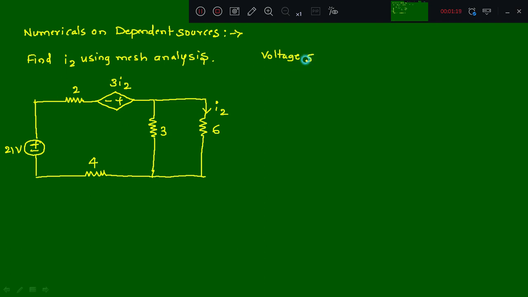In the basic class I have discussed different types of voltage sources. Therefore this is called a current dependent voltage source. See here, this voltage source depends on the I2 current, therefore it is called a current dependent voltage source.